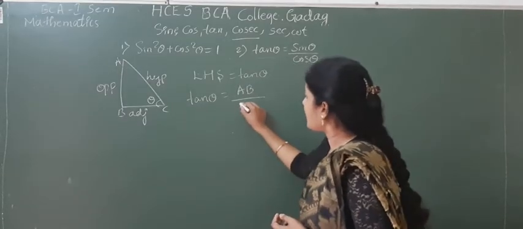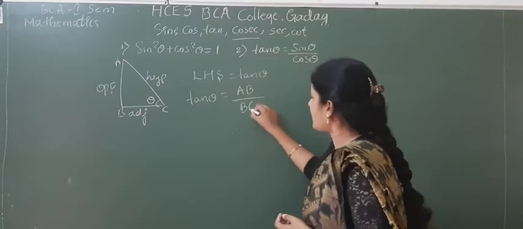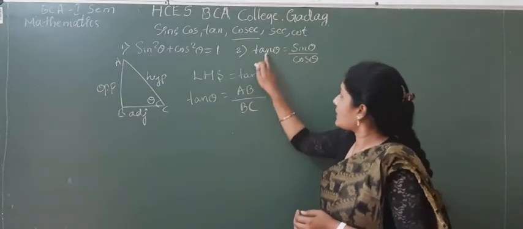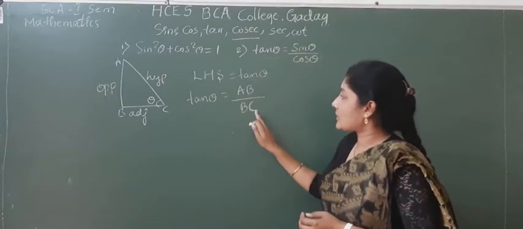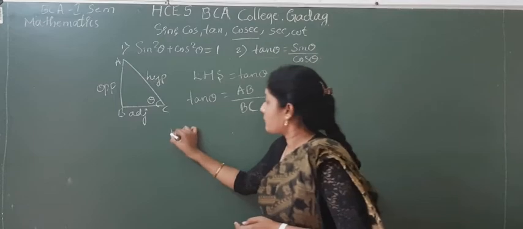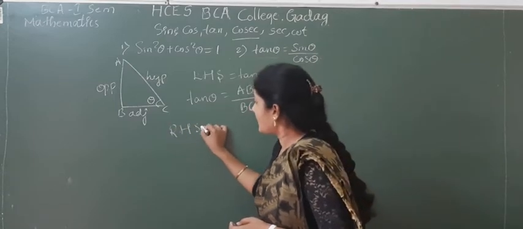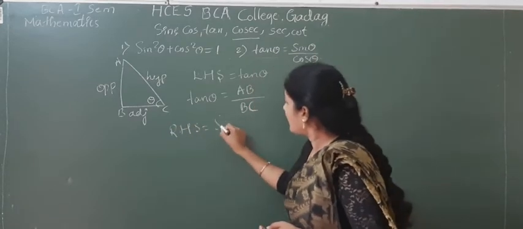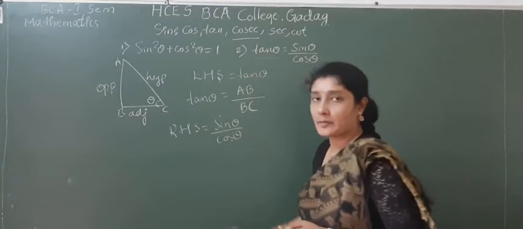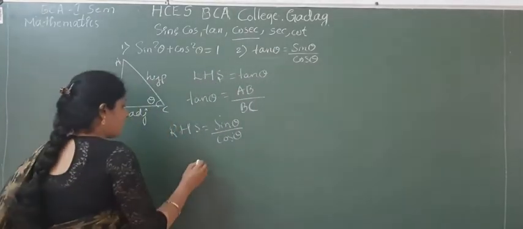That is BC. So, this is our LHS. LHS is nothing but tan theta, which is equal to opposite divided by adjacent. Now, let us take RHS. What is RHS here? Sin theta divided by cos theta. Okay. Now, let us write this.